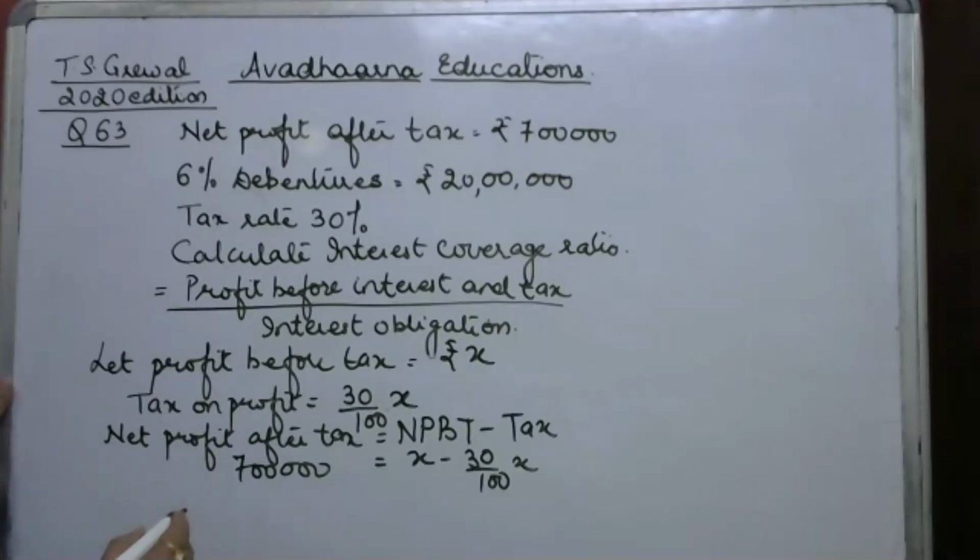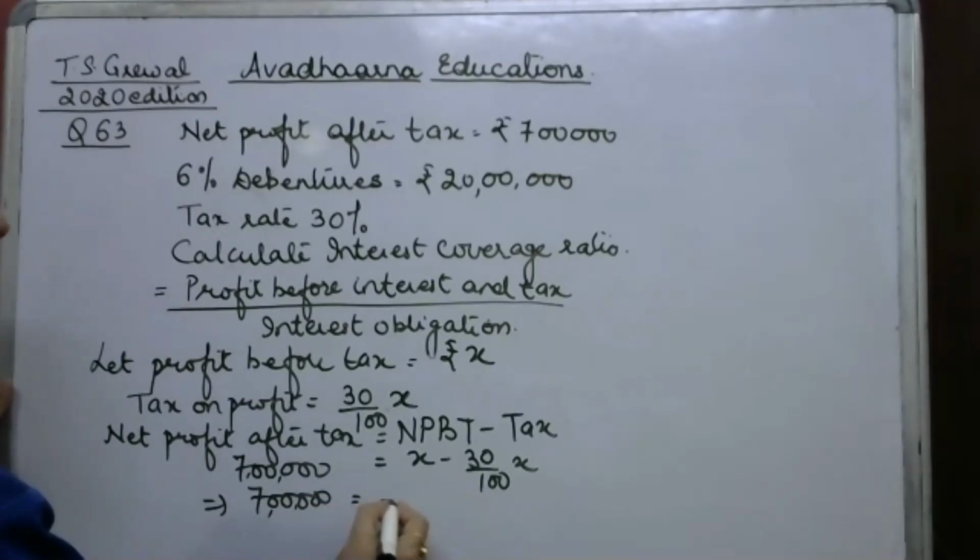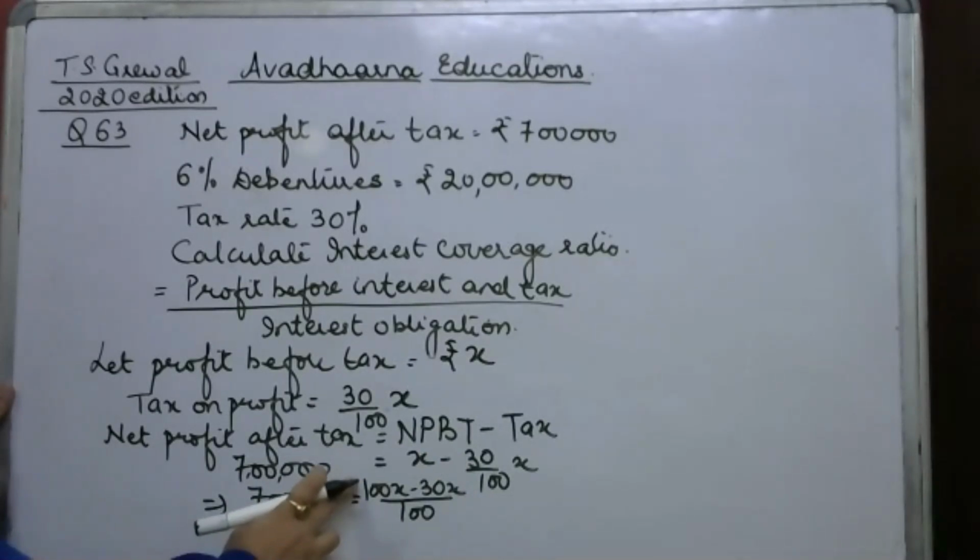Now if I solve it for x, which implies 7 lakh is equal to, I have taken the LCM 100, so numerator is 100x minus 30x, which is equal to 70x upon 100.